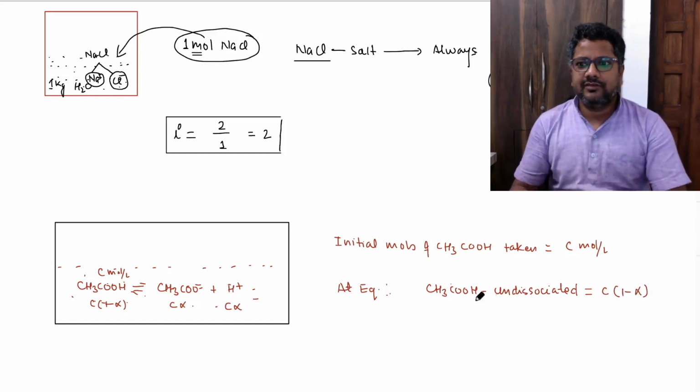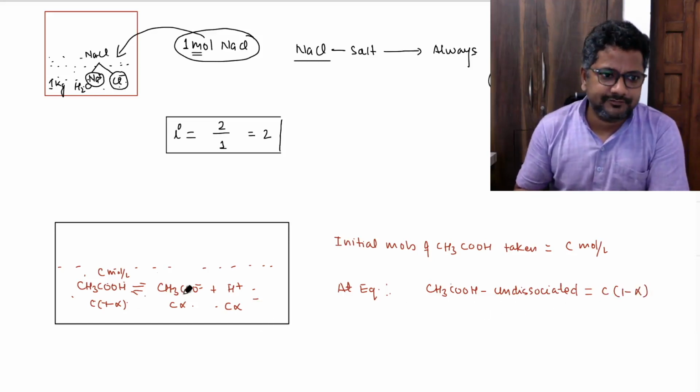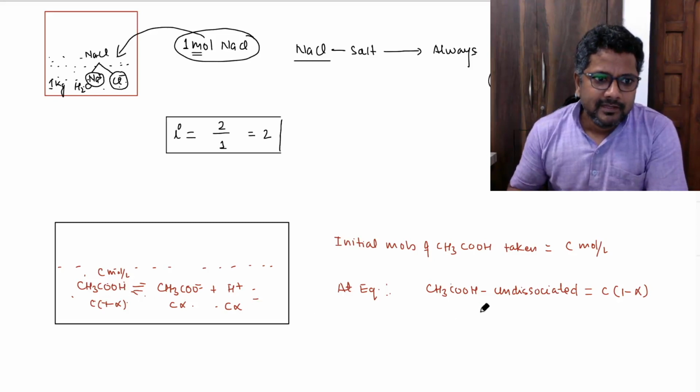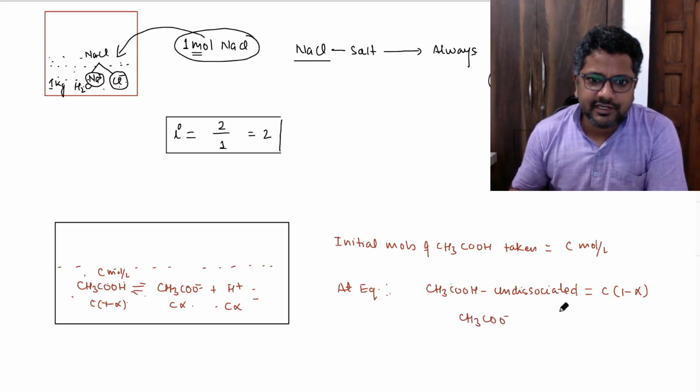This type of dissociation and representation, all of you know from ionic equilibrium, you have already done. And CH3COO negative, the acetate ion, you have C alpha, and H plus, you have C alpha.